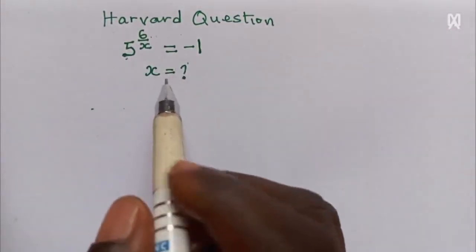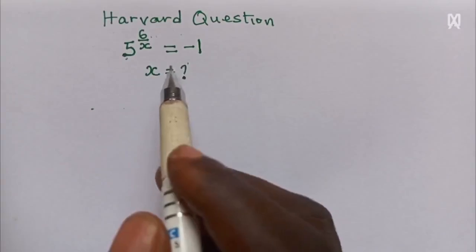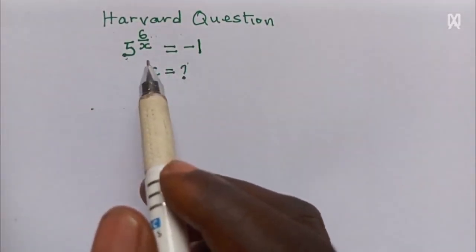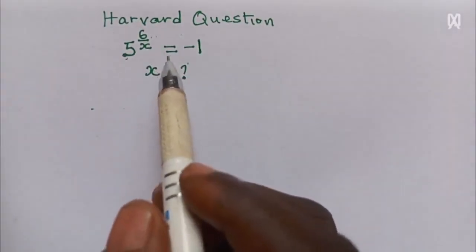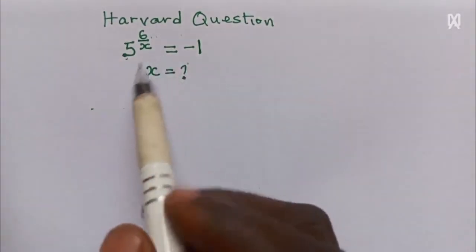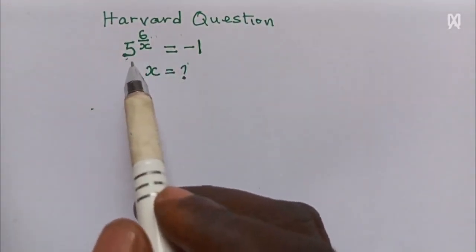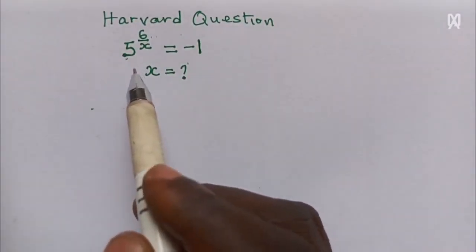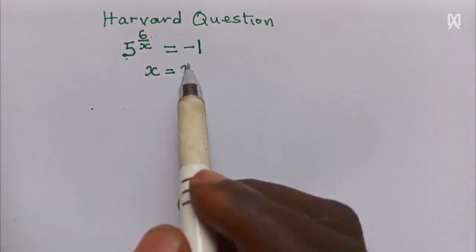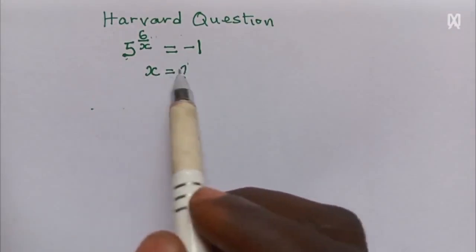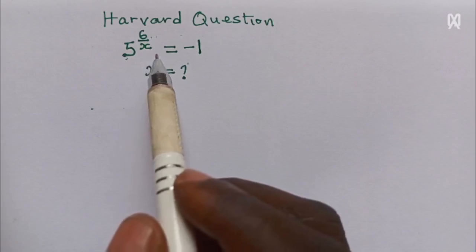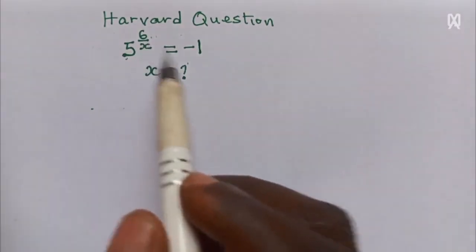If you look at this question, we cannot solve it with the indices method, or the log form. The reason is this: the base here is positive, which is 5, and the result is a negative value, which a positive base with any real index can never give.